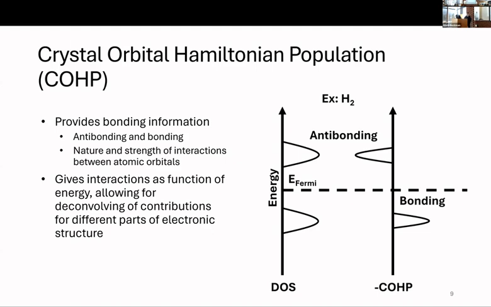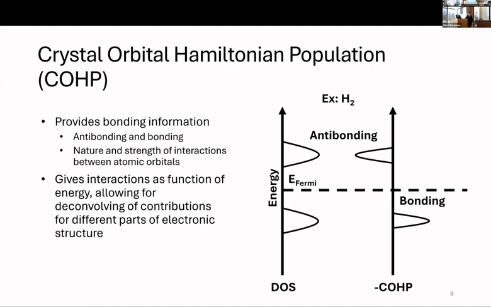How it does this is, if we look at our density of states, here's an example for the H2 molecule where we have our occupied and unoccupied states. And then when we project this to the COHP, we can see that we have our bonding orbitals and anti-bonding orbitals.